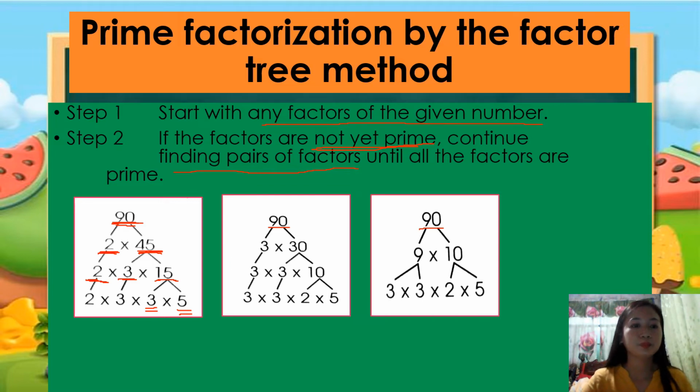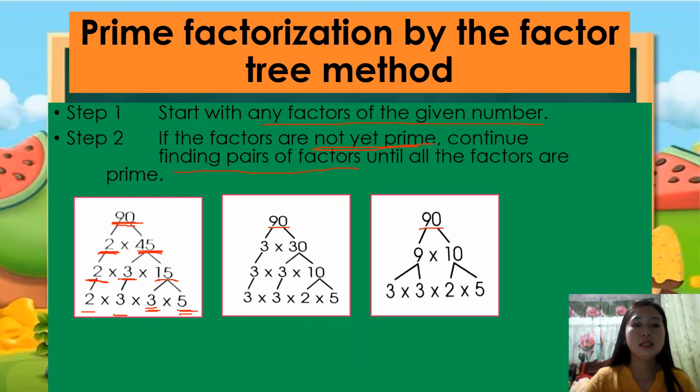So now, digit 2 is already a prime factor, and digit 3 is now a prime, and digit 3 again is a prime, so is digit 5.